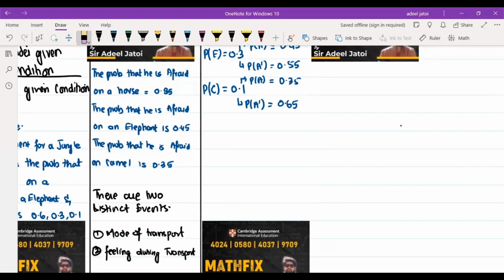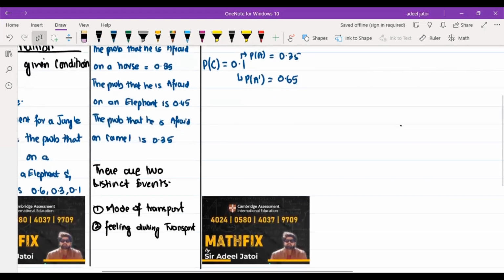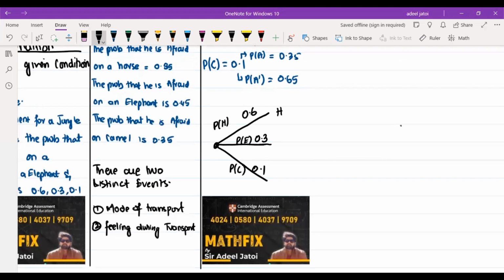So we can also draw the tree diagram representing this information. The tree diagram will be in such a way that there are three major events of transport: the probability of horse, elephant, and camel, which are 0.6, 0.3, and 0.1. With the horse, he was afraid, and there was also the probability of not afraid.